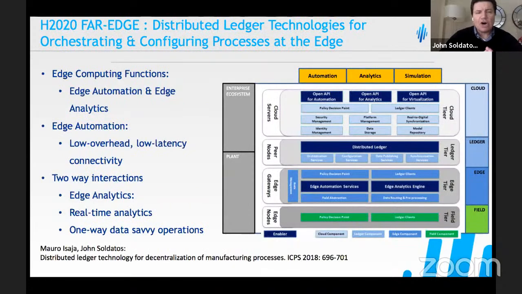Now, earlier on I said that there are many ways to implement edge computing. So I talked about local clouds, fog computing, far edge, and earlier we've seen federated learning. Another edge computing approach we have tried, and I think that in the future it could play some role, is based on distributed ledger technologies, what most people know as blockchain.